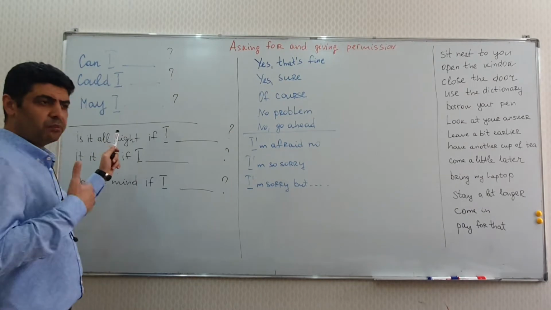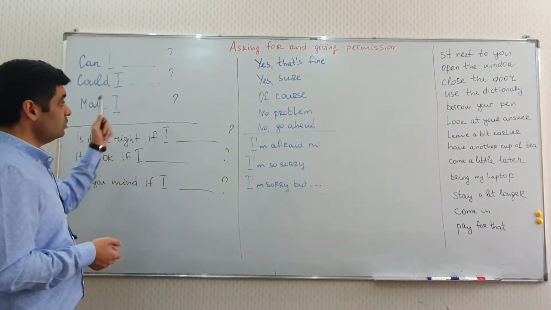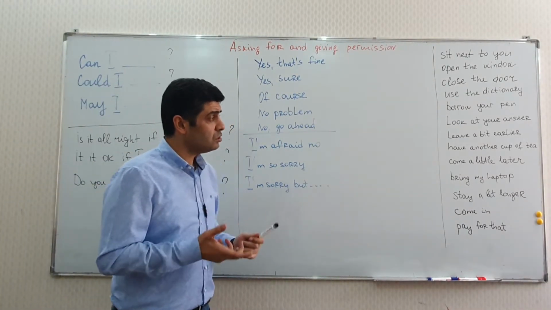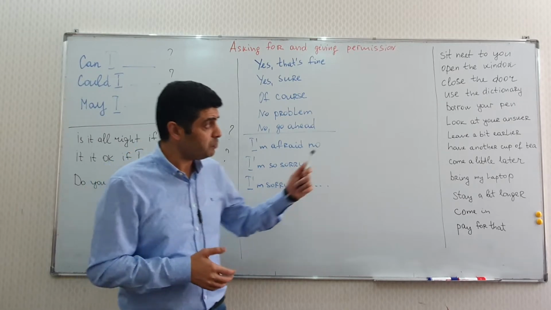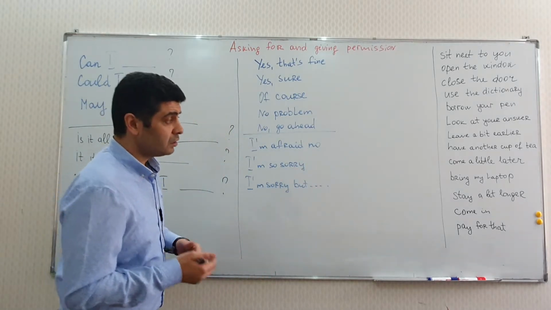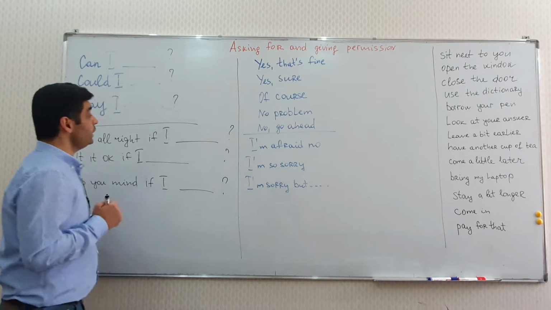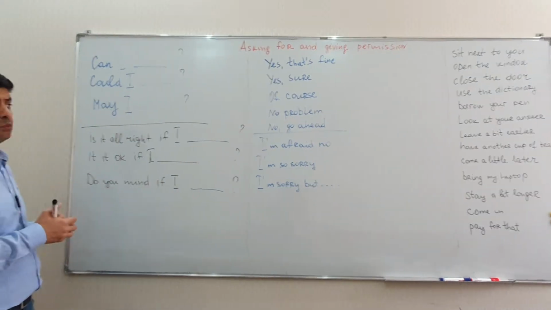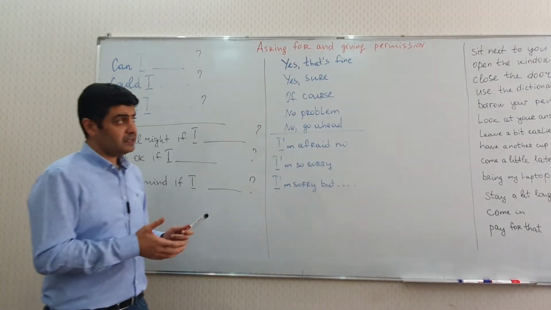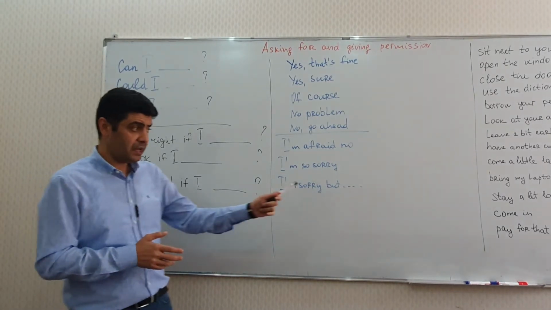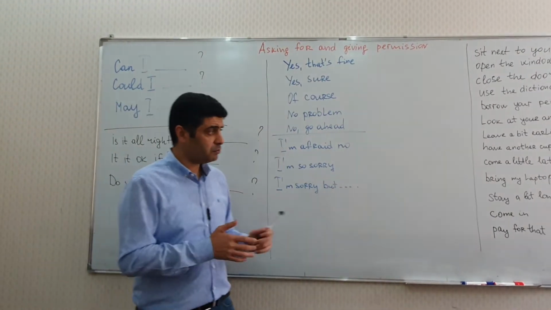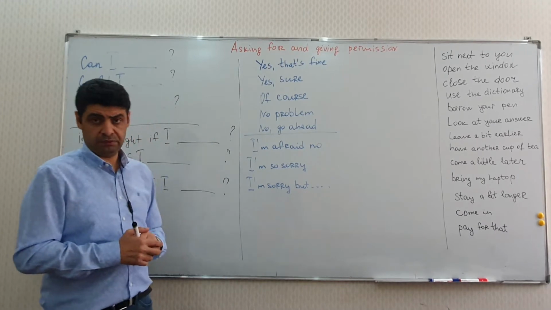Or could is a more polite way to say it. So you say, could I use the dictionary? Could I borrow your pen? Could I stay a bit longer? Or the same thing with may. May I sit next to you? May I come in? May I bring my laptop with me?